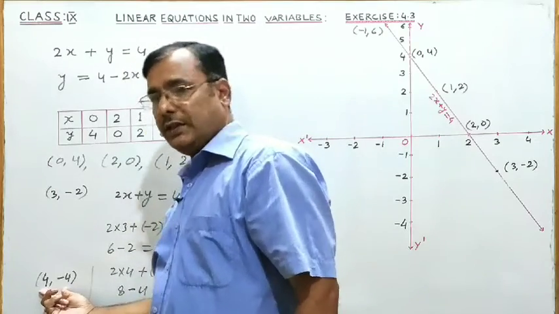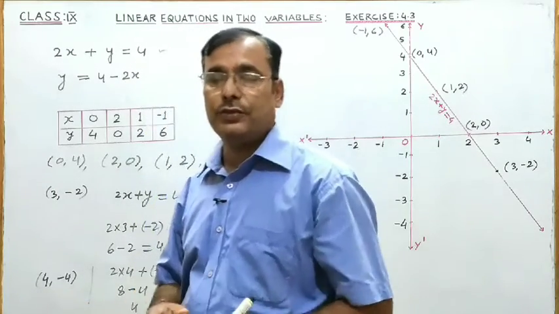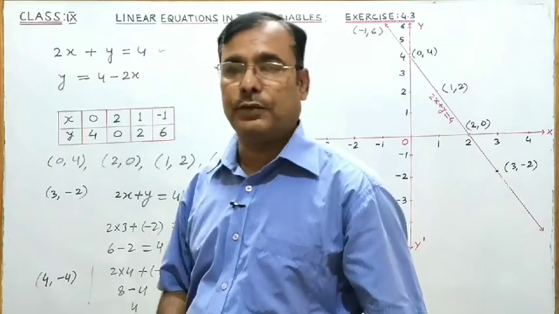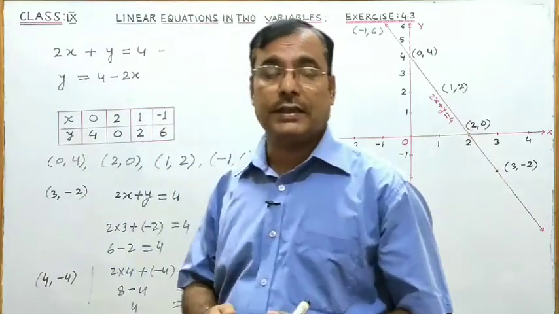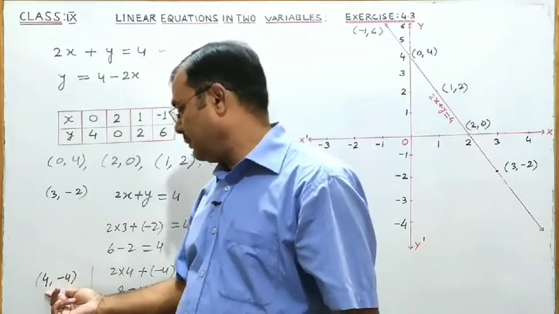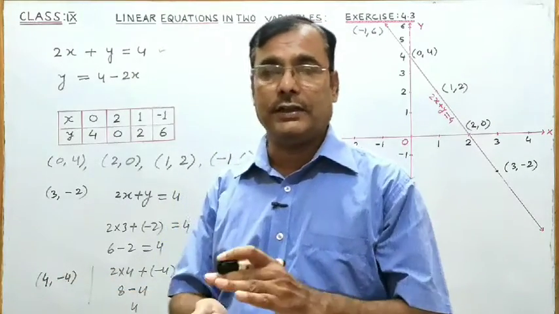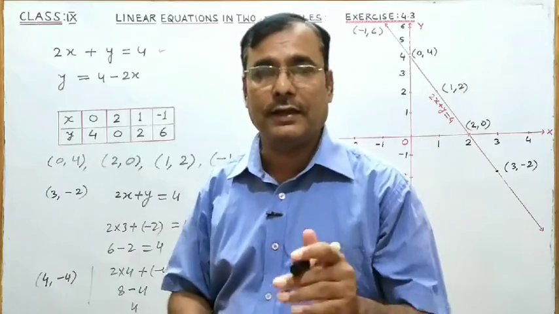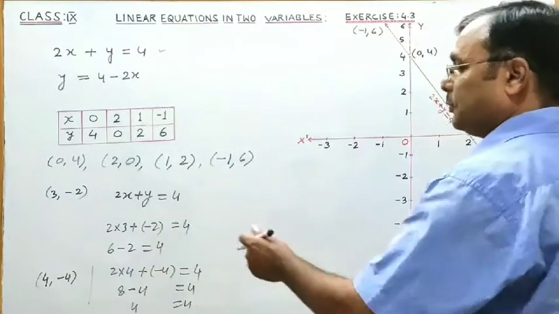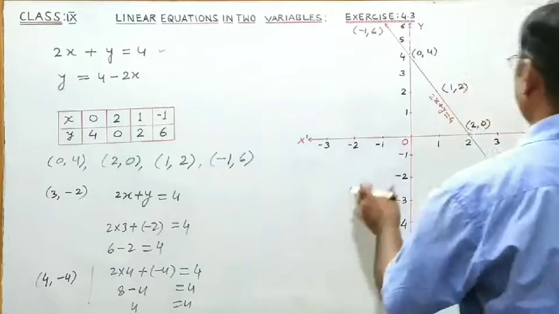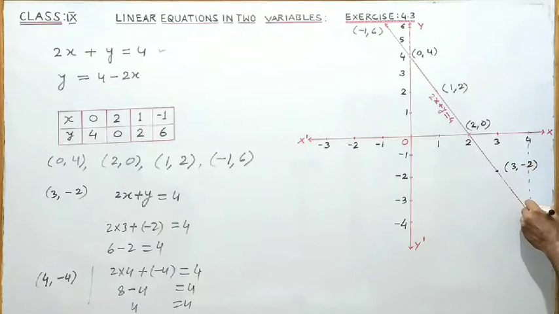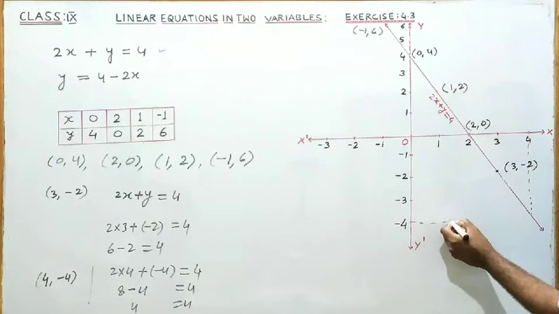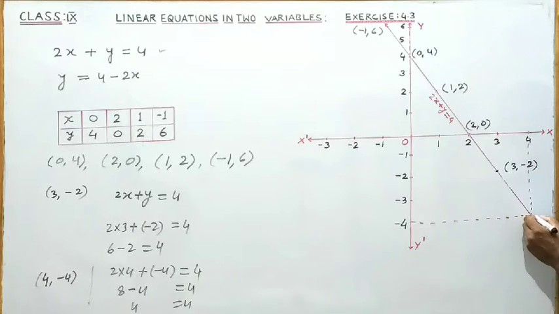So what we are doing here is considering a solution (4, minus 4) of this given linear equation. Now we have to check whether this point (4, minus 4) lies on the graph of the equation or not. So let us plot this point on the same coordinate plane. x equal to 4 here, y equal to minus 4 here.